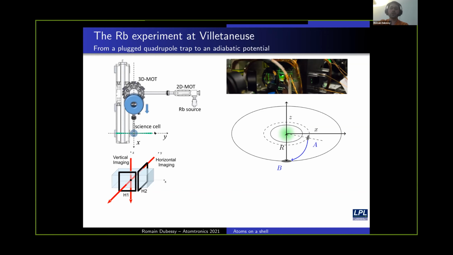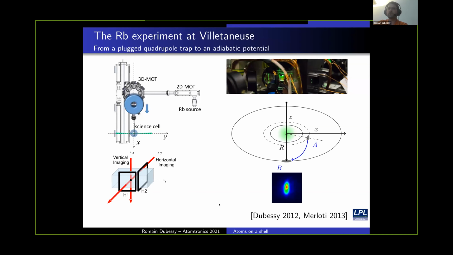For technical reasons, we have to use a green light in the beginning of the experiment. That is to plug the hole of the quadrupole trap and avoid Majorana losses. But apart from this step, we will use purely magnetic trapping. In the following slides, I will show you some pictures of the atomic density, and we record such densities along two axes: either the horizontal imaging axis, and in that case, we take what we call time-of-flight pictures.